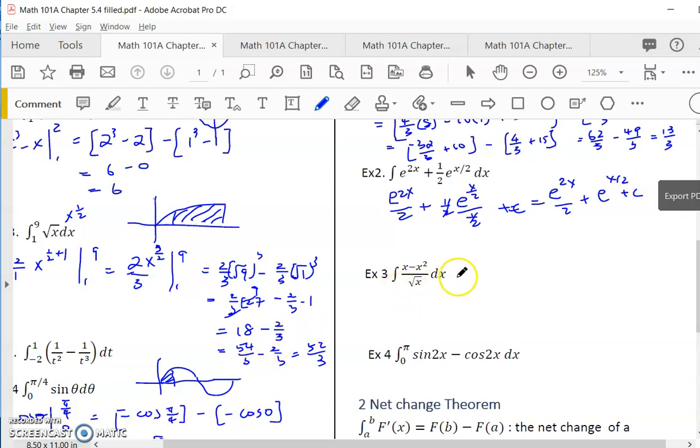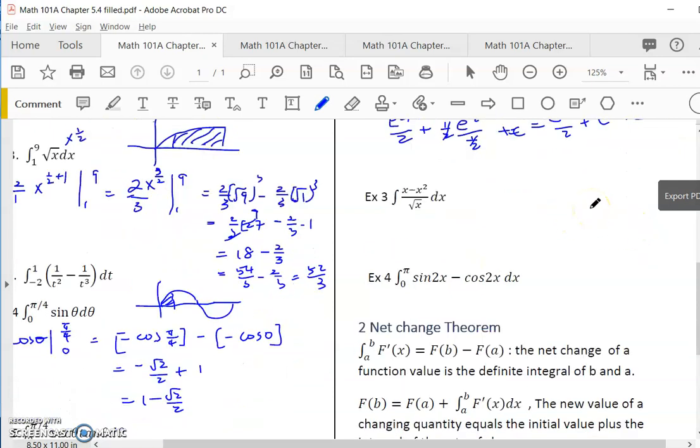Okay, the third is also an indefinite integral, just an antiderivative. But it is not term by term, so we would have to rewrite it. X over square root x is x to the 1/2, right? X squared over square root x is x to the 3 over 2, because that would be x to the 2 minus x to the 1/2, and then dx.